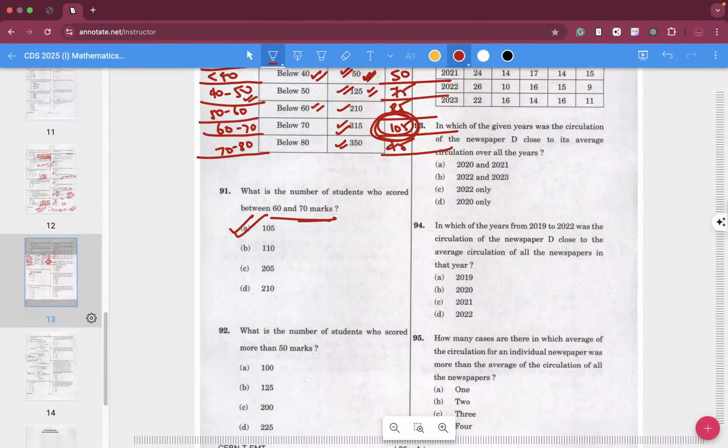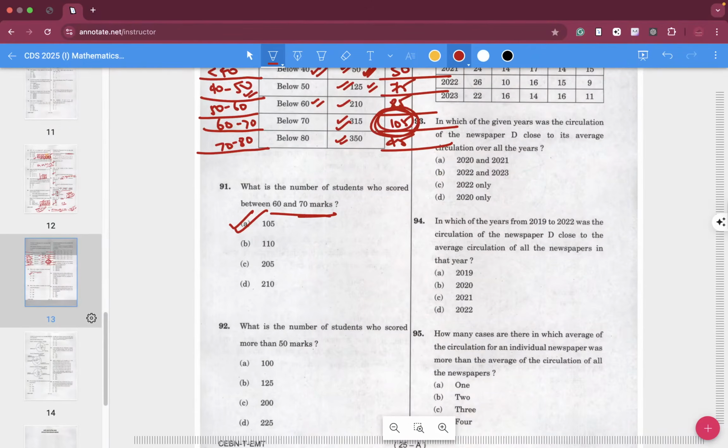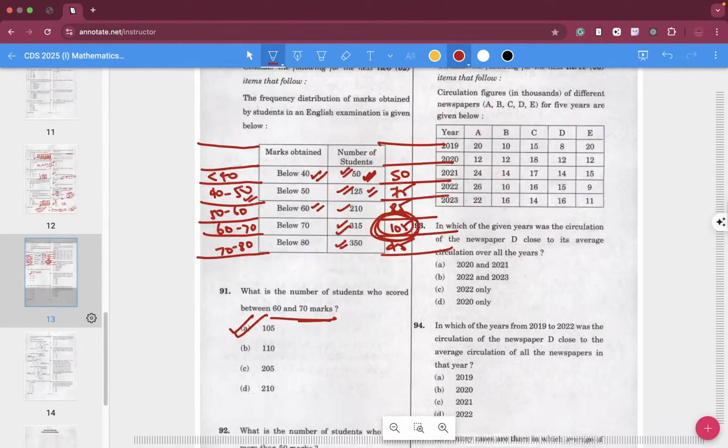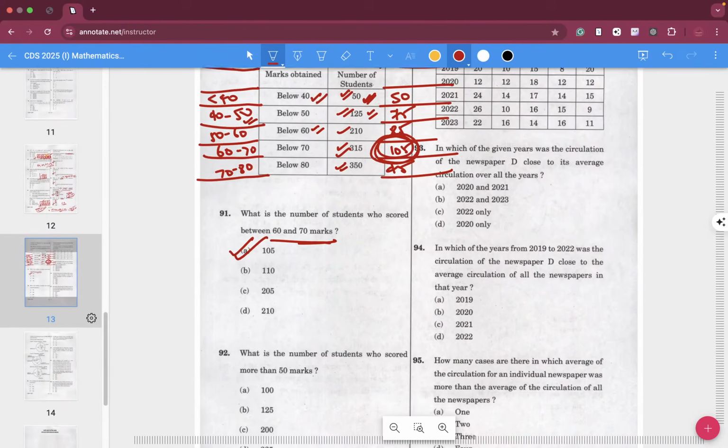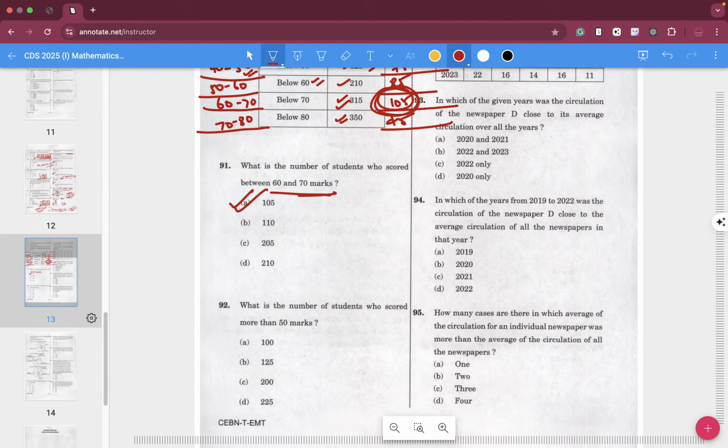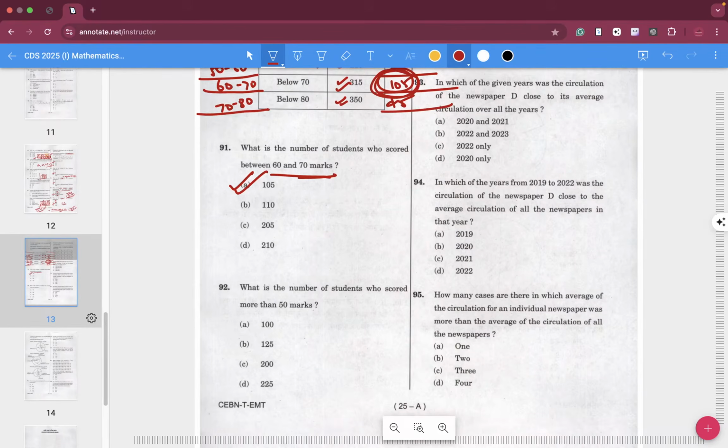Now they are asking, what is the number of students who scored more than 50 marks? Below 50, 125 students have scored, and the total number of students is 350.